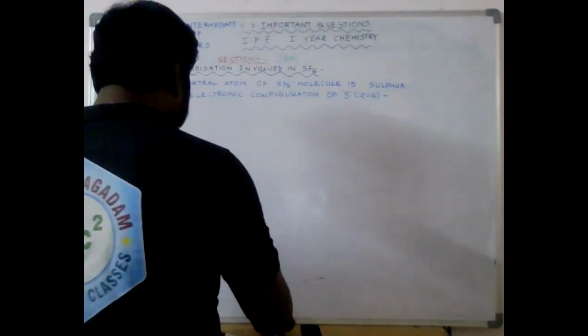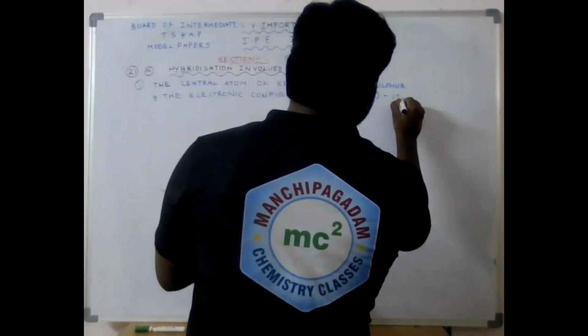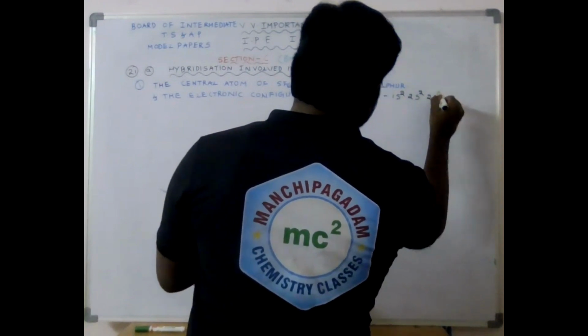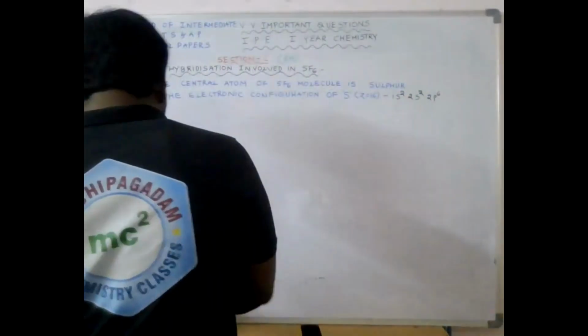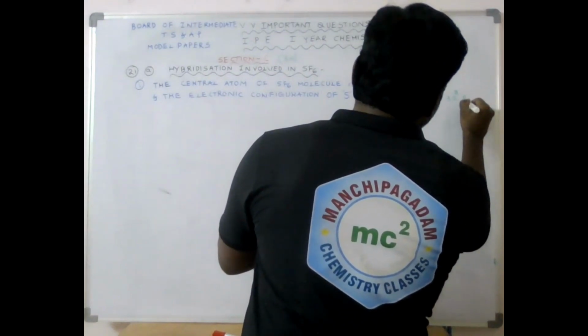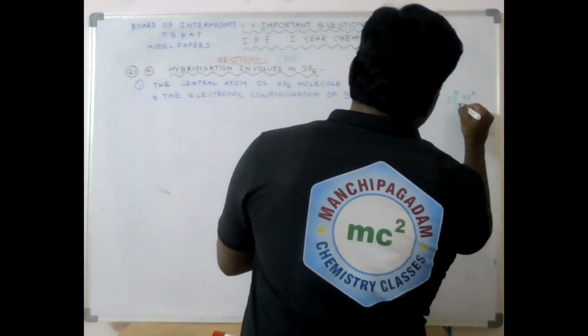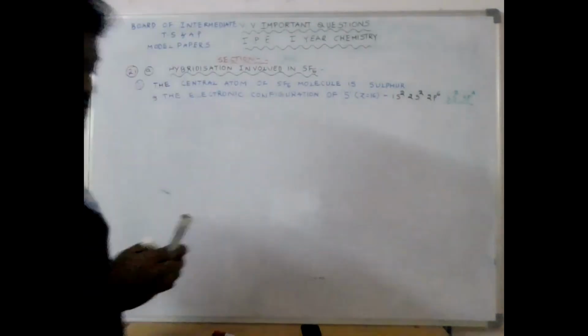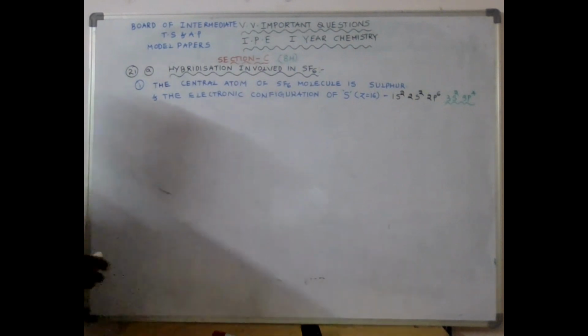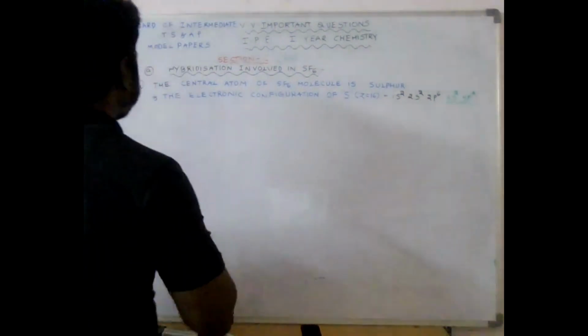So what is the electronic configuration? 1s2, 2s2, 2p6 and 3s2, 3p4. I am writing that in a different color because that is the outermost electronic configuration, 3s2, 3p4. That is important here. So this is the ground state configuration.